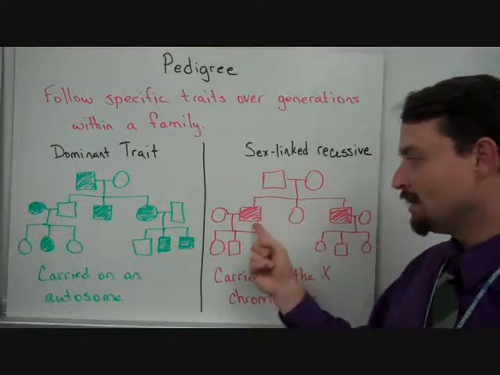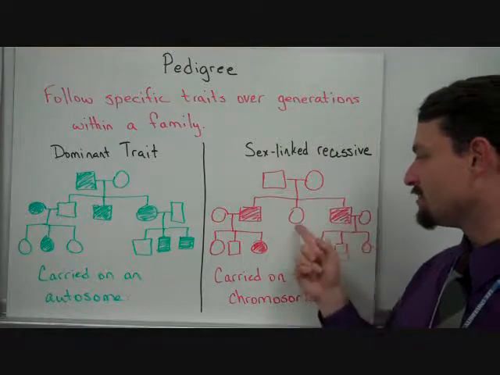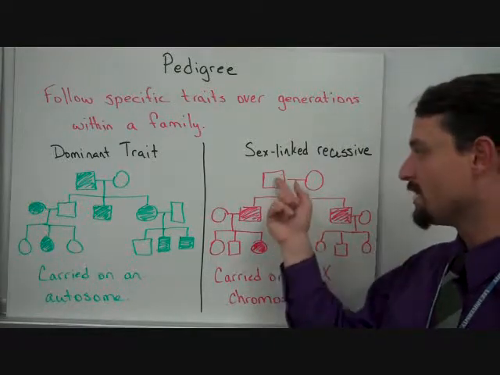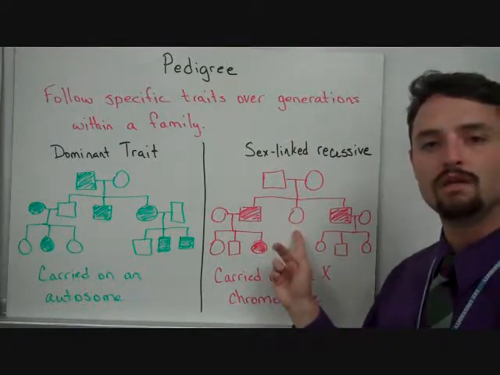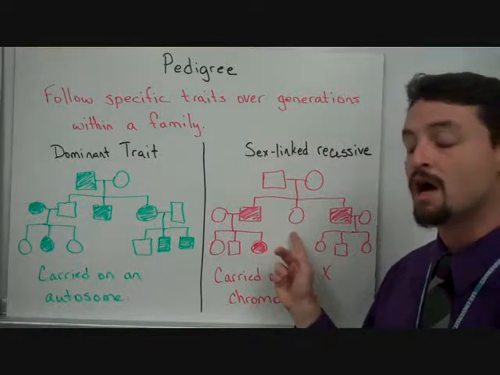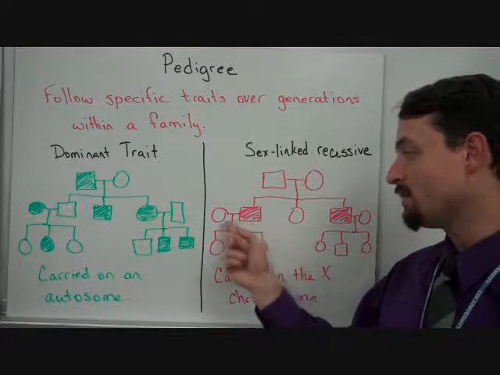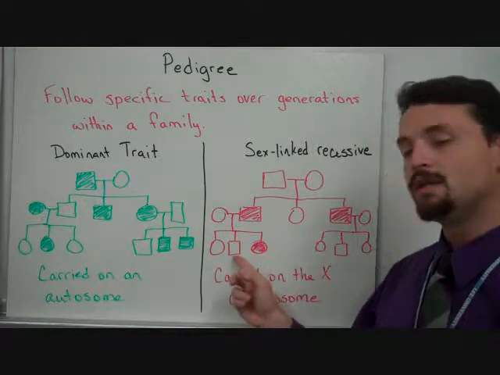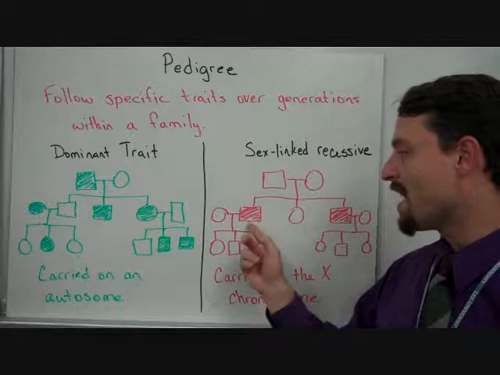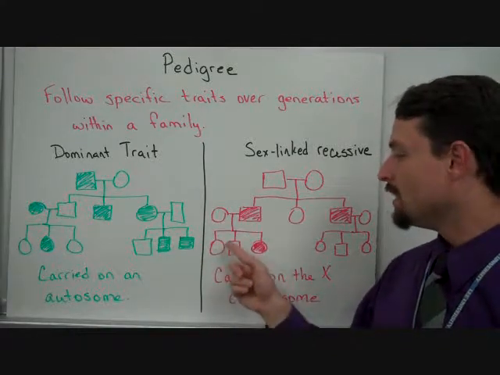She has a son with the condition, a daughter without it, normal X from dad. All the daughters from him would not have the condition. So then you see dad with it, mom without it, son without it because he gets a normal Y from dad and normal X from mom.